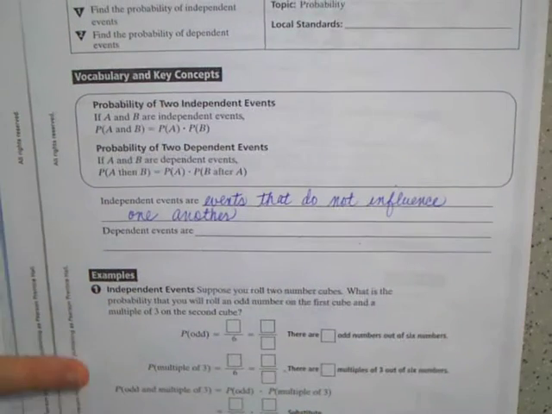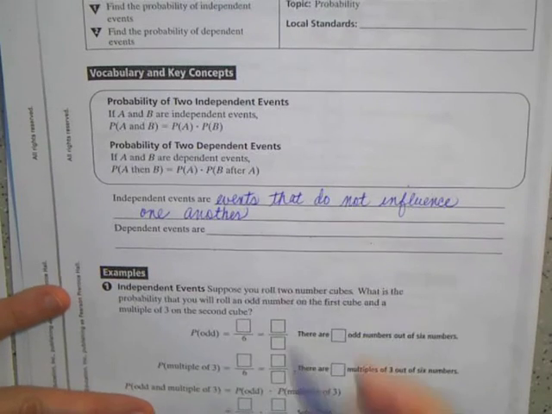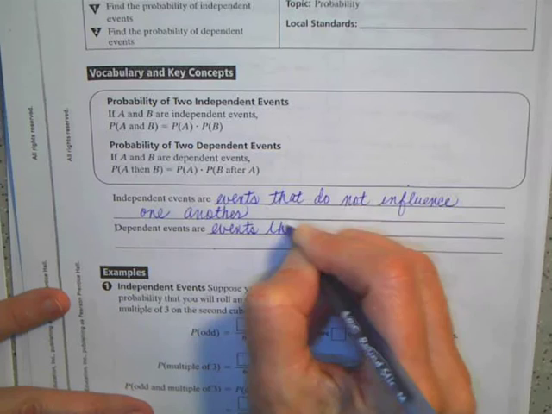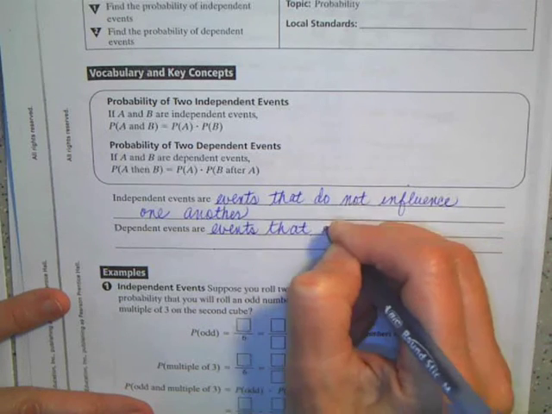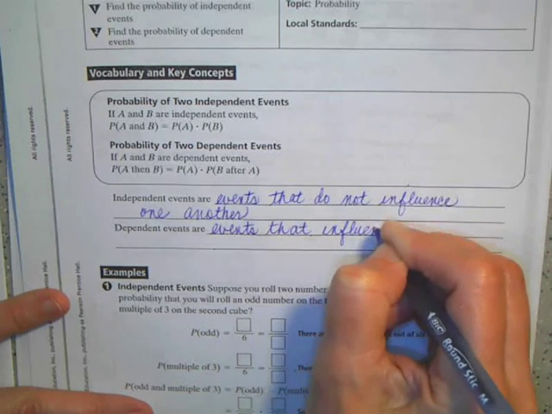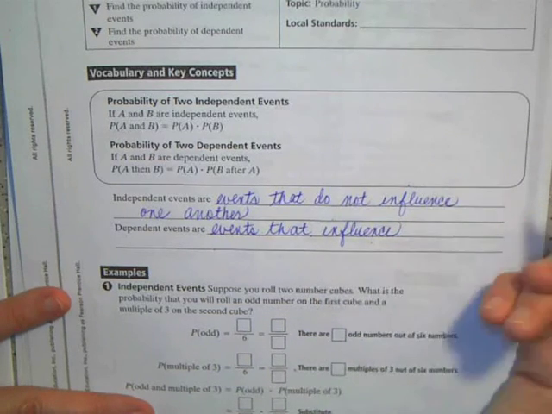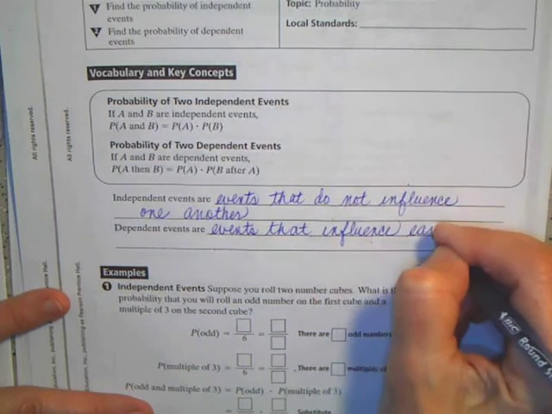And as you might guess, dependent events are events that influence or affect or depend upon each other.